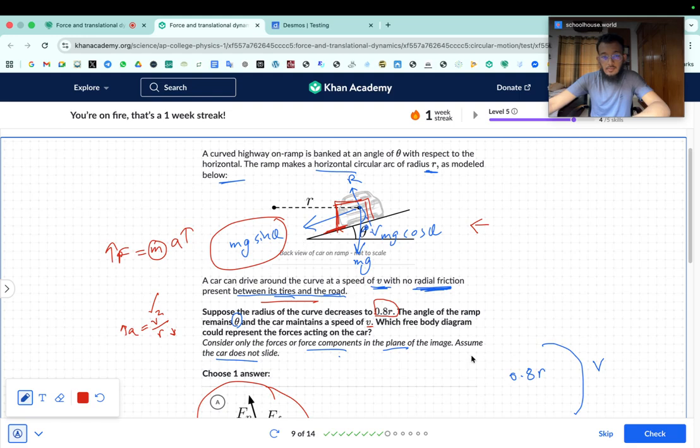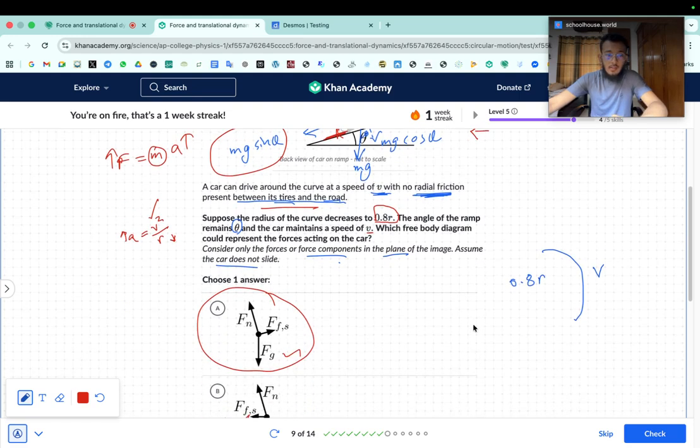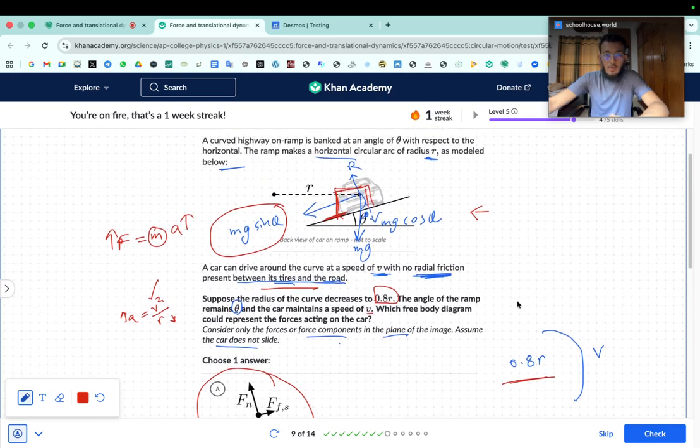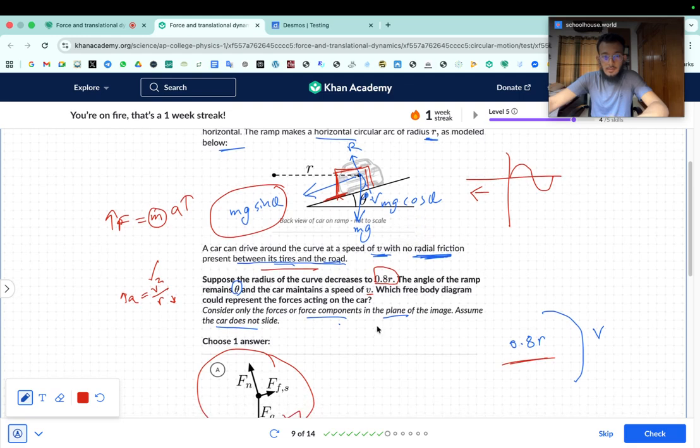And how would you balance? You have reduced r, right? So in order to increase the resultant force, the centripetal force in this direction, we have mg sine theta, but theta remains the same.